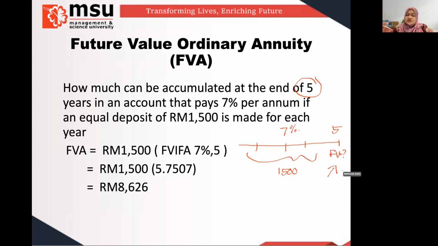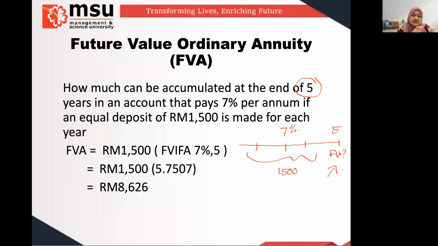So this question, the question didn't inform whether the payment happened at the beginning or at the end. So as I said earlier, when the question is silent on the method of payment, we have to assume that this is ordinary annuity. Ordinary annuity is either the question clearly states that the payment happened at the end of every year, or the question didn't inform at all.